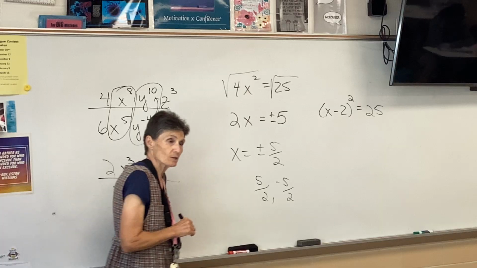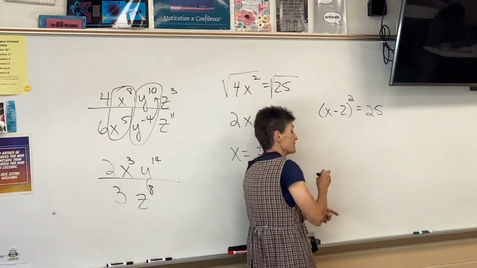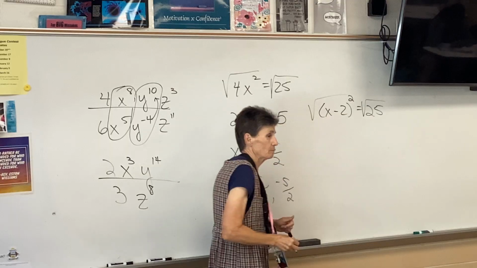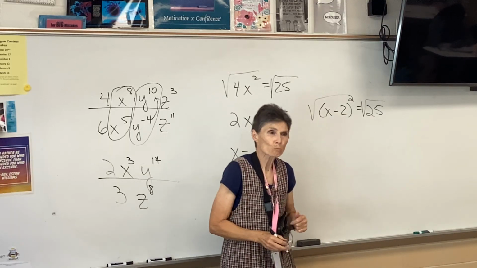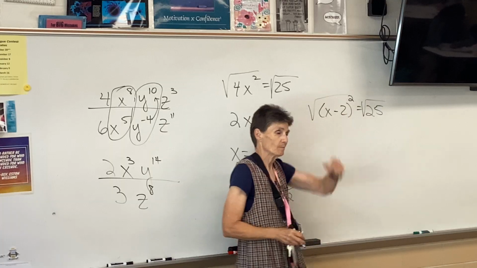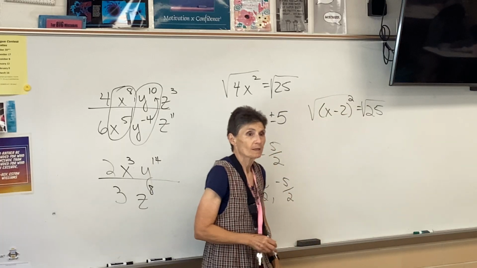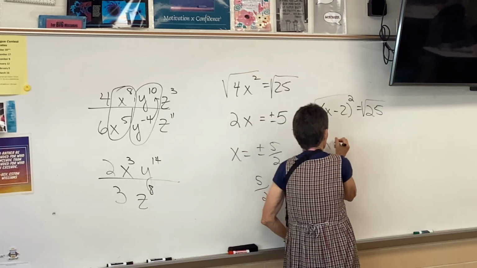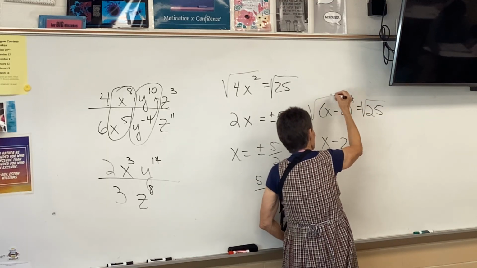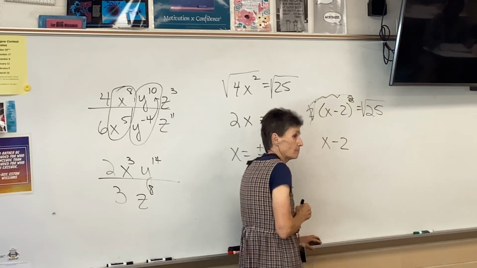Good? Now, let's look at the next one. We're going to do exactly the same thing. Don't get freaked out. What's the square root of x minus 2 squared? X minus 2, very good. The radical and the squared cancel.